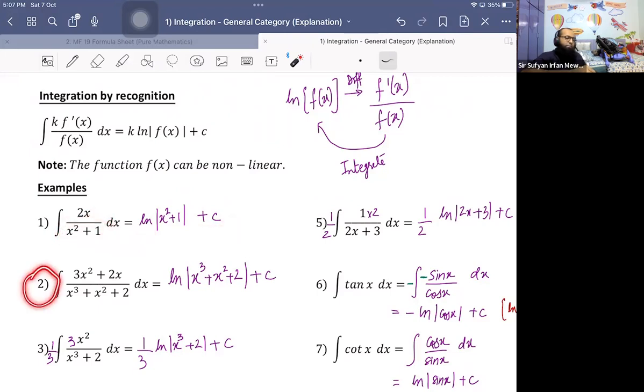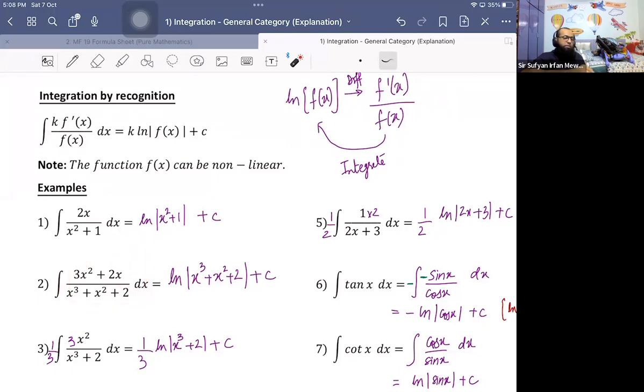Then moving on to example number 2. 3x square plus 2x divided by x cube plus x square plus 2. We have a function in the numerator and the function in the denominator. The function in the denominator has its differentiation exactly present in the numerator. Look, x cube has a differentiation of 3x square, x square has differentiation of 2x, and 2 is a constant, the differentiation of it is 0.